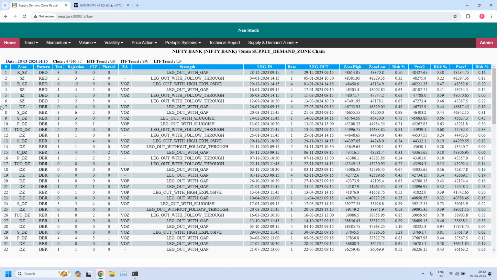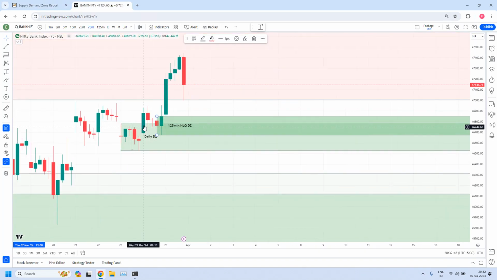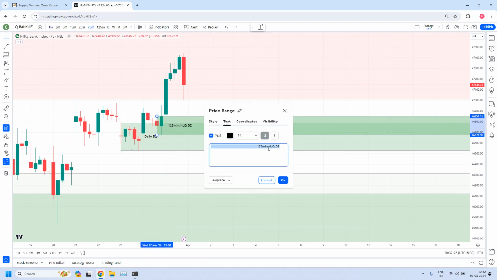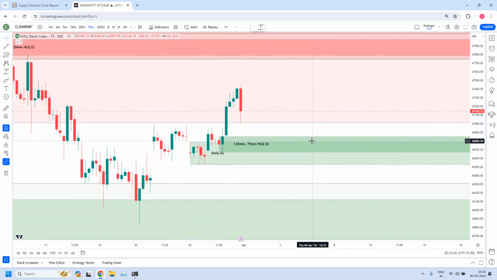First, let us draw the immediately available demand zone. This is on 26th March 9:15, 4 base candles. This is the 26th March 9:15, 1, 2, 3. That means the same zone. This is 75 minutes, and 125 minutes and 75 minutes, both are the same. Okay, fine.